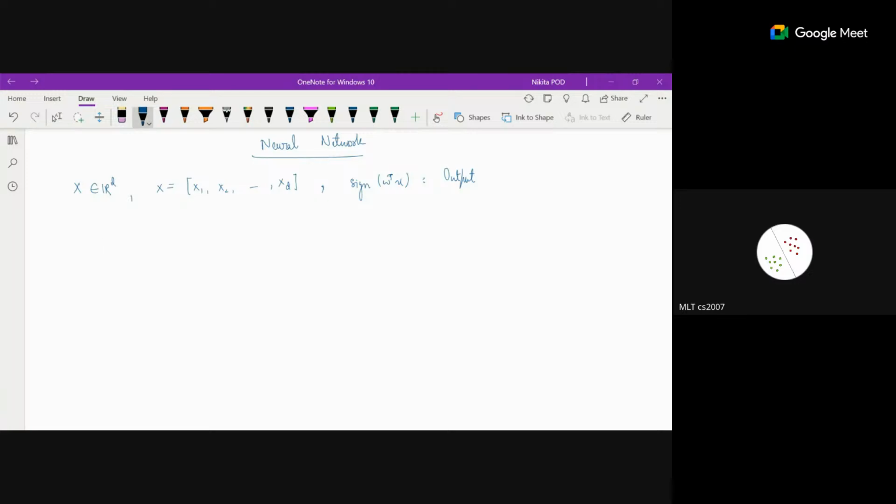The way we can view this pictorially is we have all these inputs, X1, X2, up to XD. These are input features.